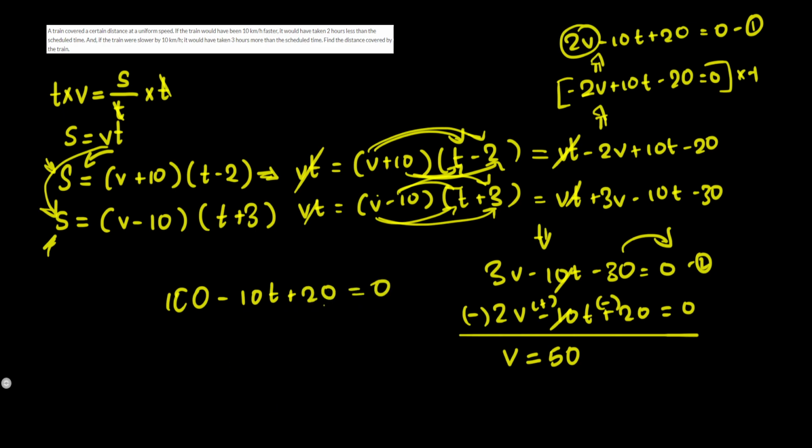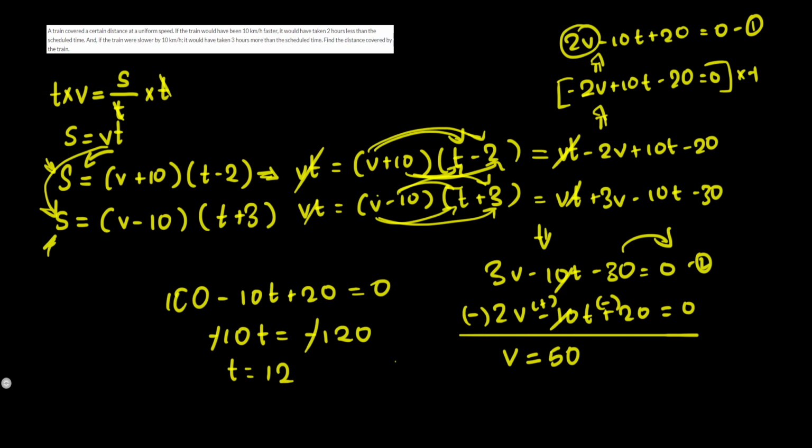I can say that's 120 minus 10t is equal to 0. To the other side, it will become minus 120. I can cut off the negative, and then t becomes 120 by 10, which is 12 hours. Alright, now it's 12 hours.